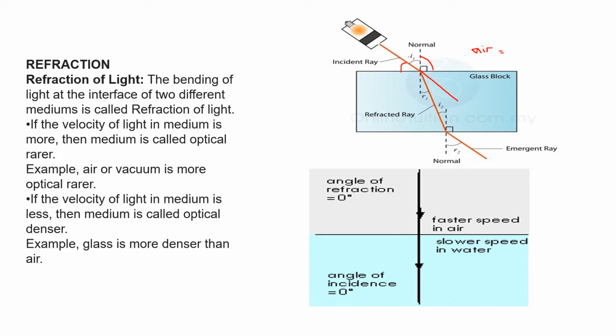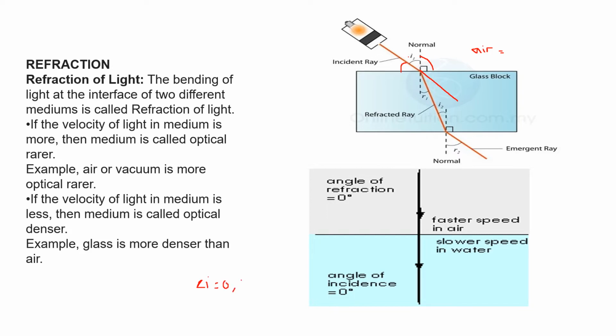Fine. Now coming to the second diagram, here you can see the angle of incidence. The incident ray is perpendicular to the surface. So in this case, the angle between the normal and the incident ray is nothing. It is 0. So the angle of incidence is 0.